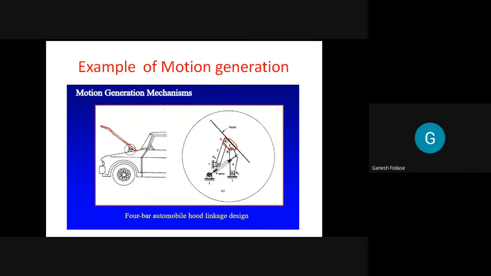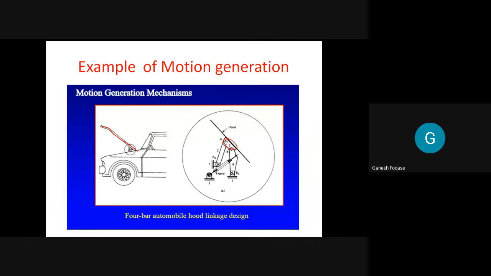Now some students might be worried about what I am talking about, what path, function, and motion are. Remember, this is the synthesis part, which is required for design of mechanisms. Suppose any problem is given to you, then you should classify that problem into three types: function, path, or motion. It depends upon your requirement.